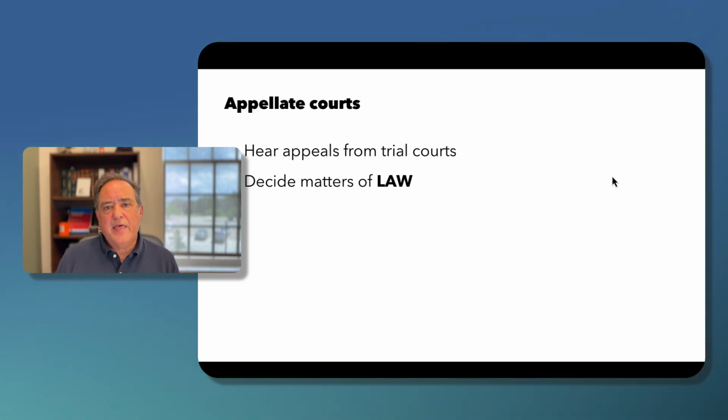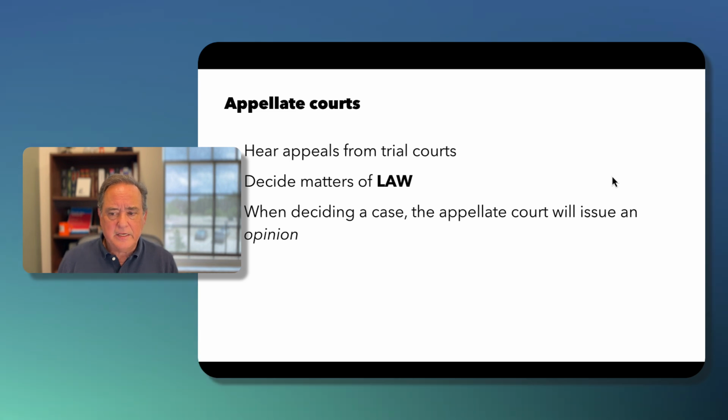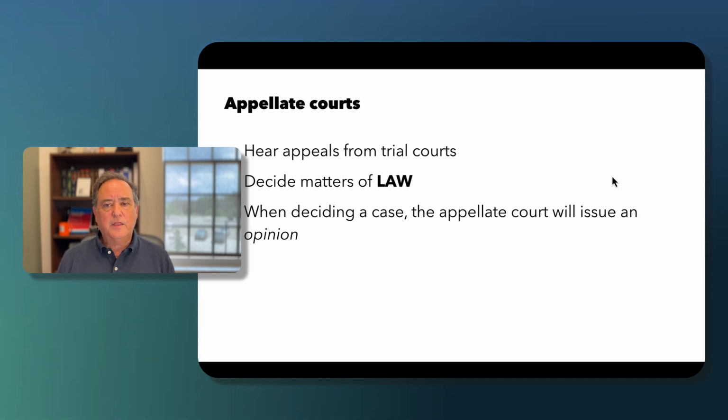And then they will vote, and whoever has the majority will then write what's called an opinion. So the court will issue a written document called an opinion, a judicial opinion. And as I mentioned in the last lecture, these opinions become the law.